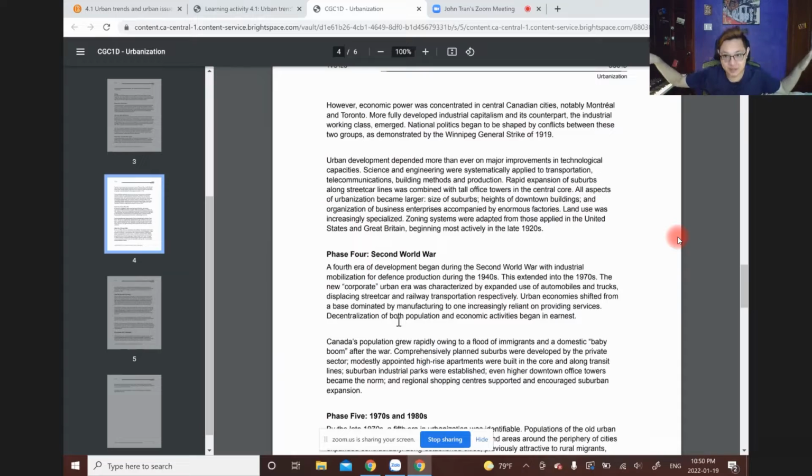They just spread everywhere now. So they decentralize it. The population is also decentralized, and economic activity is also decentralized. It's not concentrated in one place, but spread everywhere now.